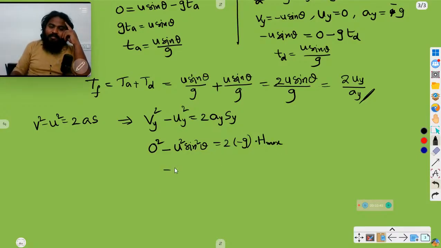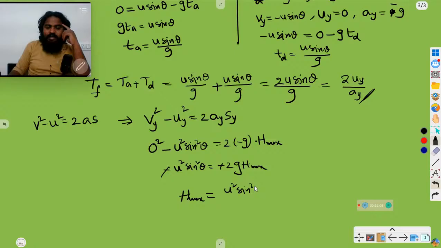So from this, minus u square sine square theta is equal to minus 2g h max, right? The minus gets cancelled, h max is equal to u square sine square theta by 2g. This is the formula for maximum height.